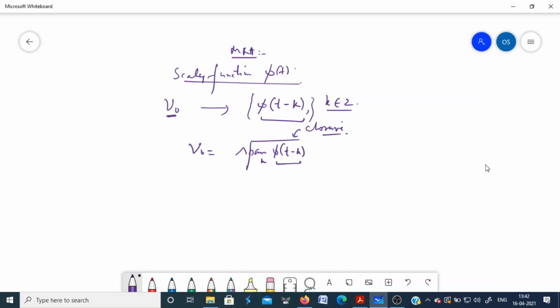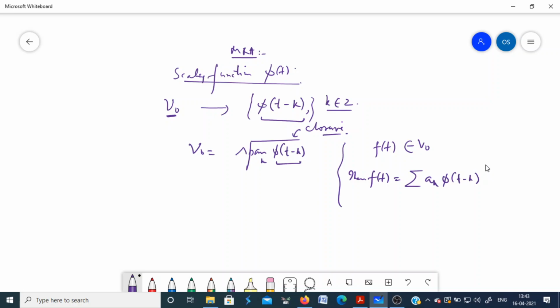So V naught is the span of phi t minus k. Span means the set of all those functions which can be represented by phi t minus k. If f of t belongs to this span V naught, then this function can be written in this form, isn't it?